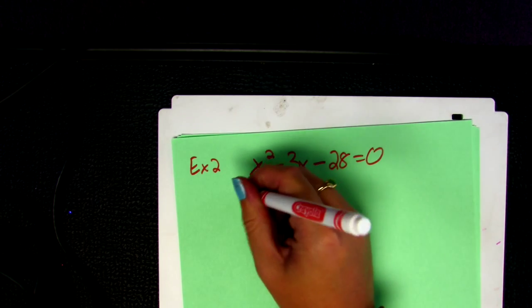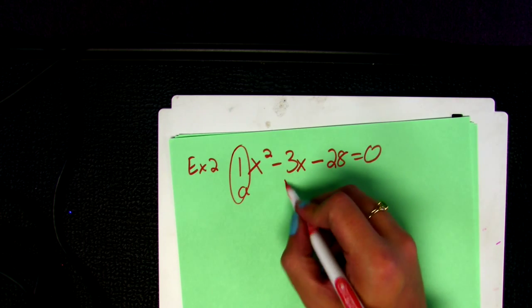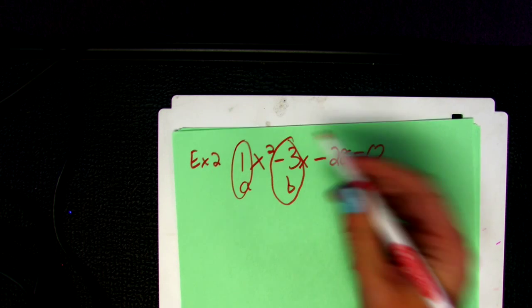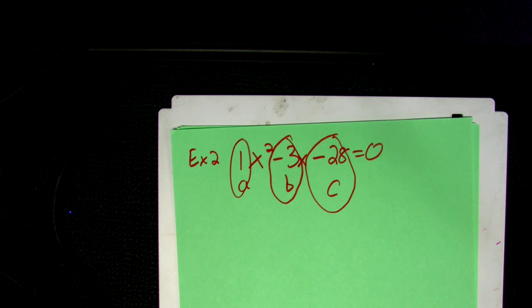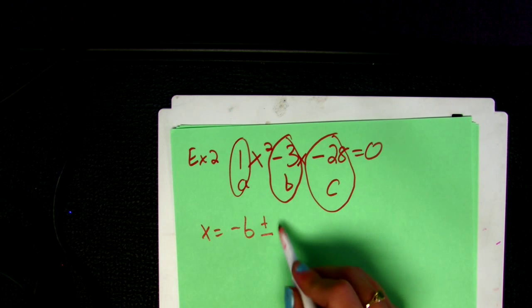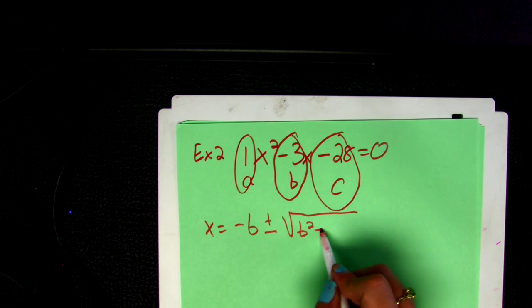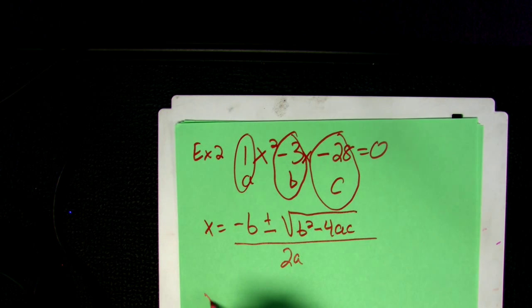So my a doesn't look like it's there, but it's actually 1. My b is negative 3, and my c is negative 28. So when I fill this into the quadratic formula, which is x is equal to negative b plus or minus the square root of b squared minus 4ac, all over 2a.